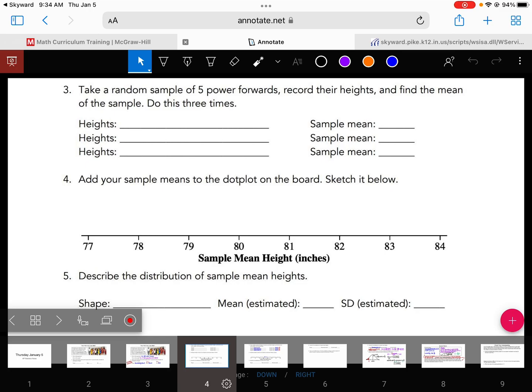So I used my random number generator from 1 to 115, making sure not to repeat anybody, so maybe make a mark so you don't count the same person twice. And then after you pick out those 5 individuals using your random number generator, I want you to find the sample mean. So you're going to add and divide by 5.